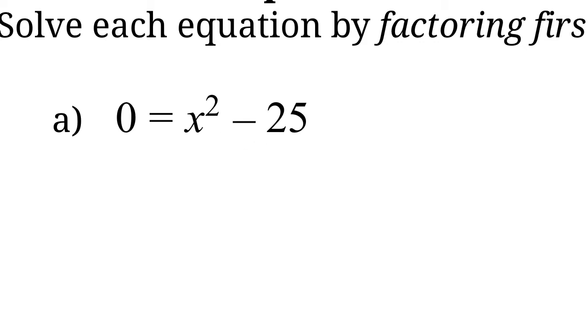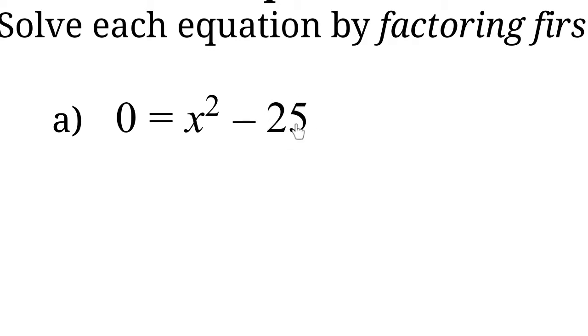One of the terms needs to be squared. So we have our variable x squared, so that's good. There needs to be a subtraction sign between your two terms. We have that. And any values or numbers that are in your equation have to be perfect squares, meaning you can take the square root of the number and get a whole number as your answer, not a decimal number.